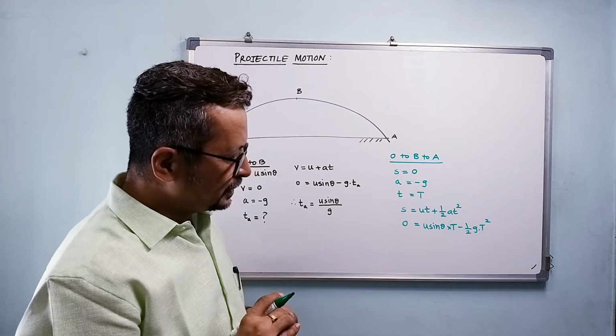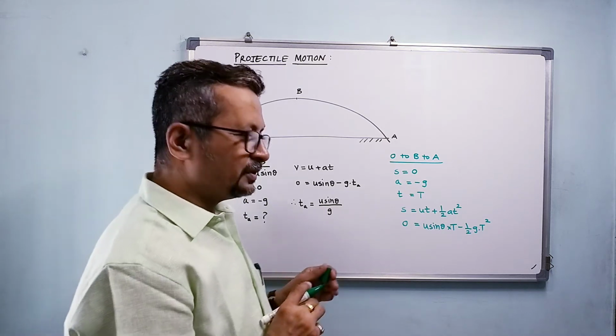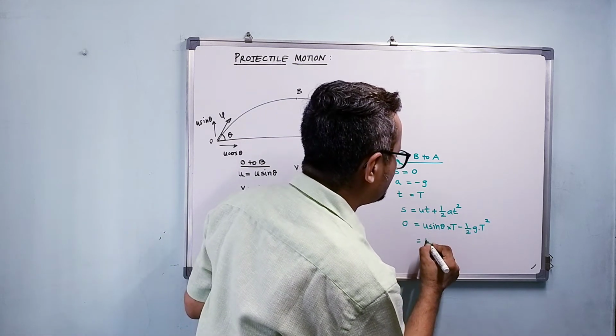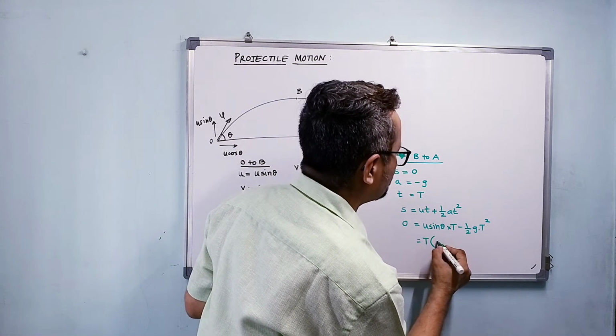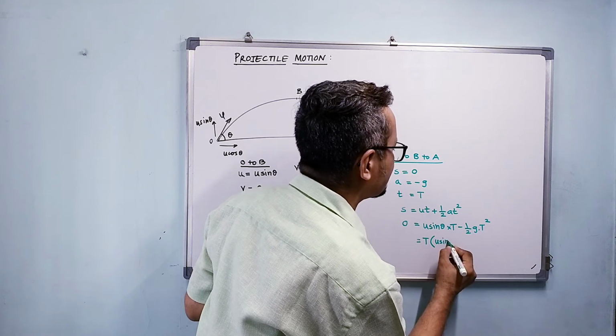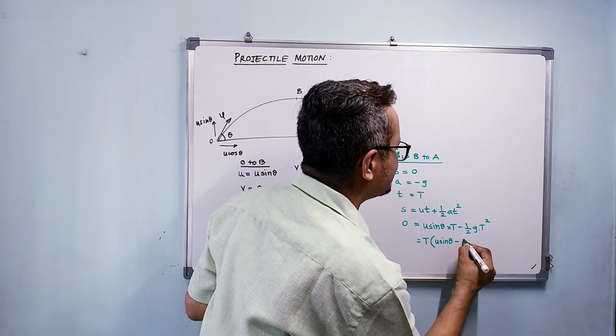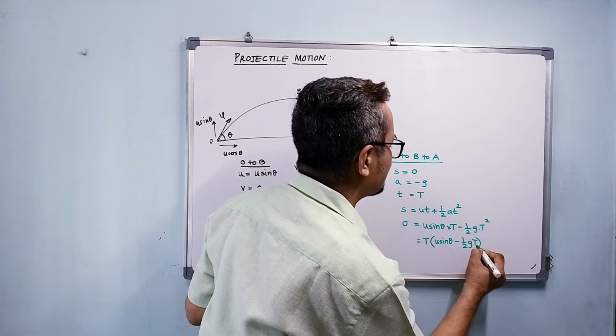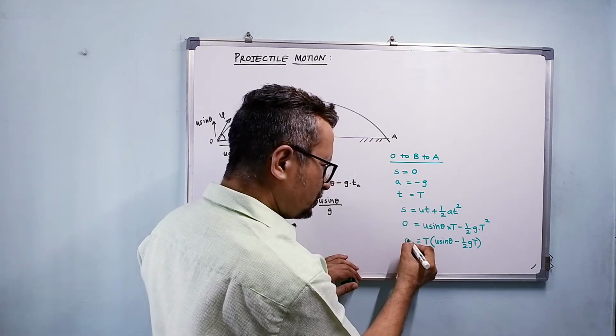Now here you can take this t common, so u sine theta minus half gt, right? And that is equal to 0.